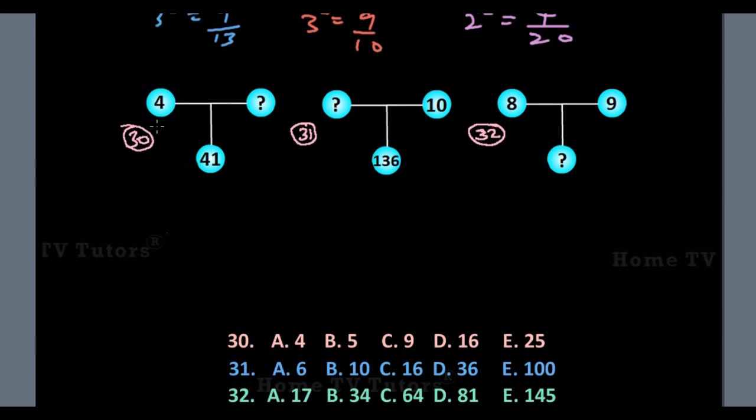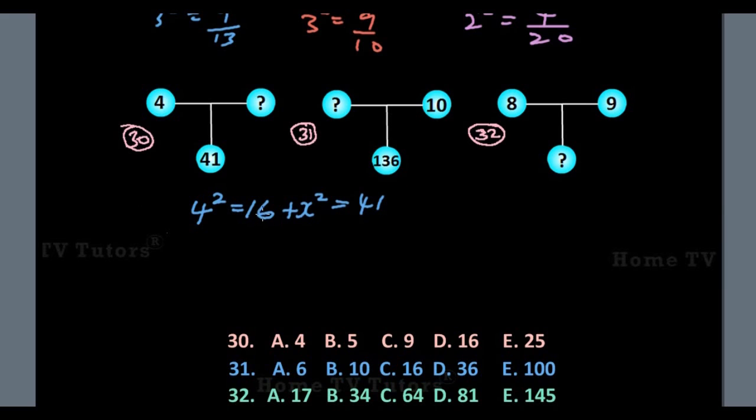For question 30, we have one unknown number, and remember the square of these two numbers. The square of 4, which is 16, is added to the square of the second number, which is unknown, so x squared, and both equal the number at the bottom, which is 41.